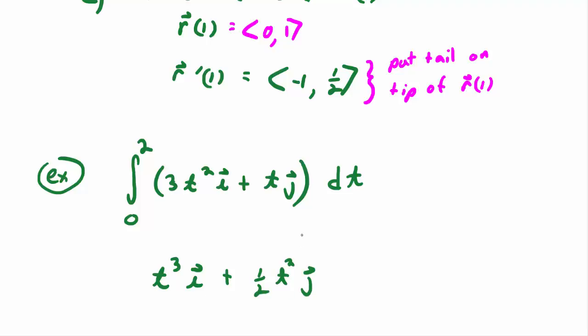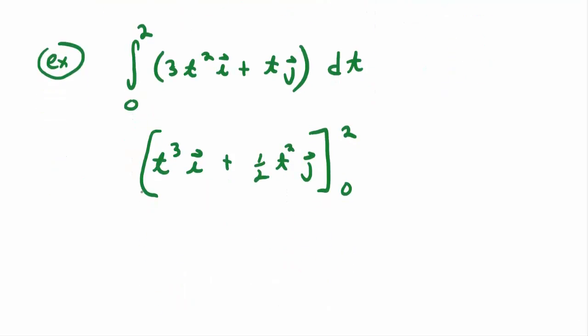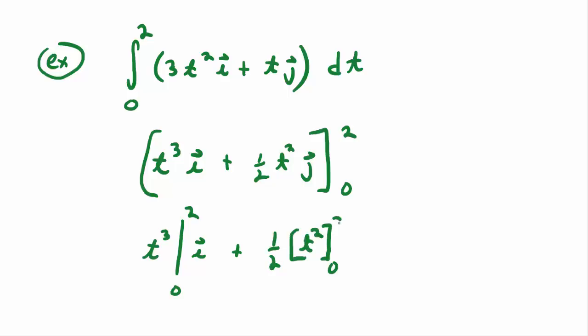And we want to evaluate this from 0 to 2. But that breaks down to evaluating the individual components from 0 to 2, like so. You see what I did there?